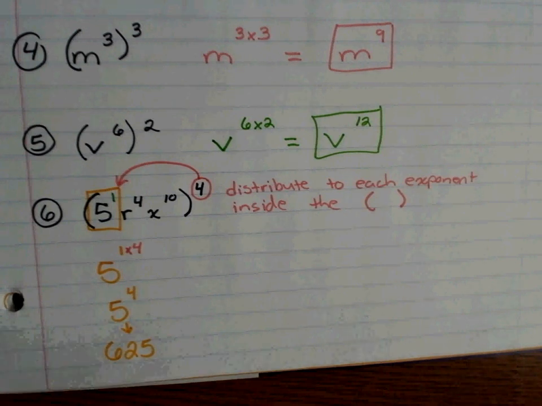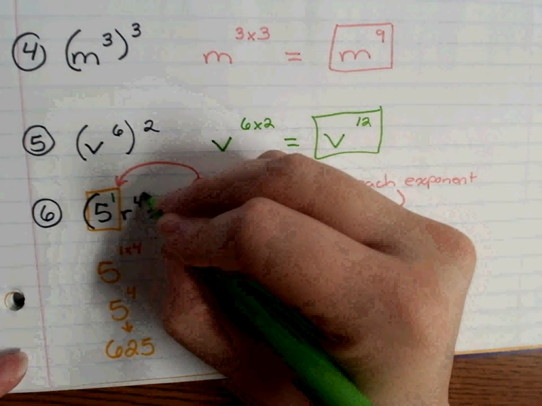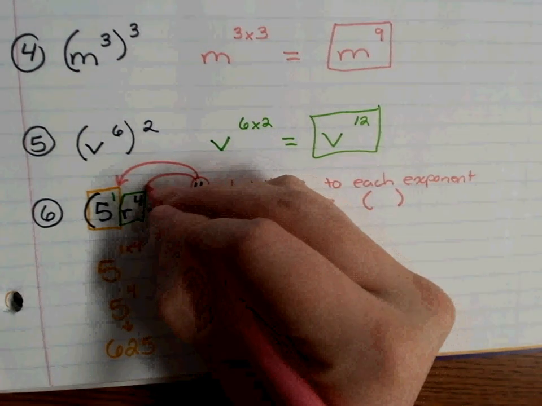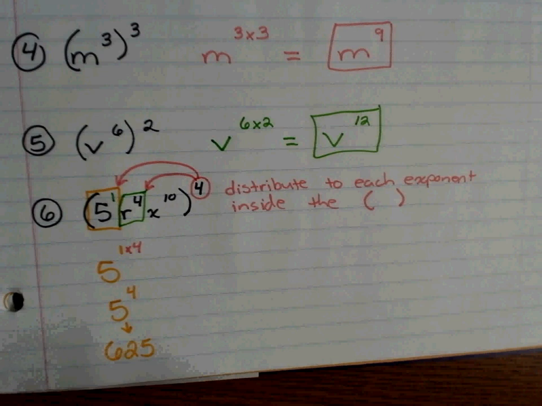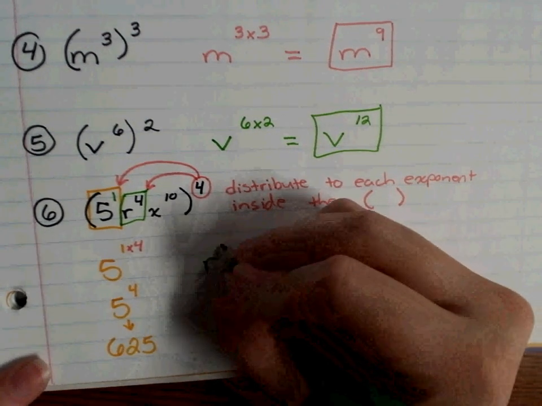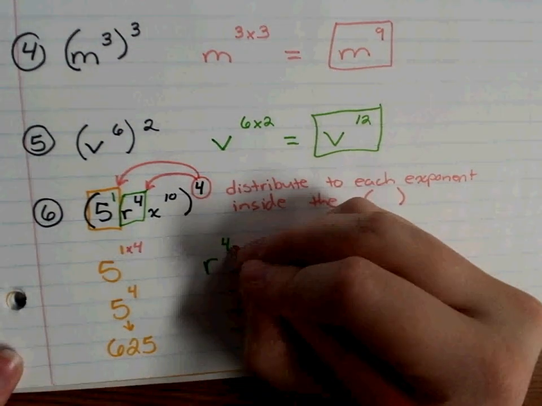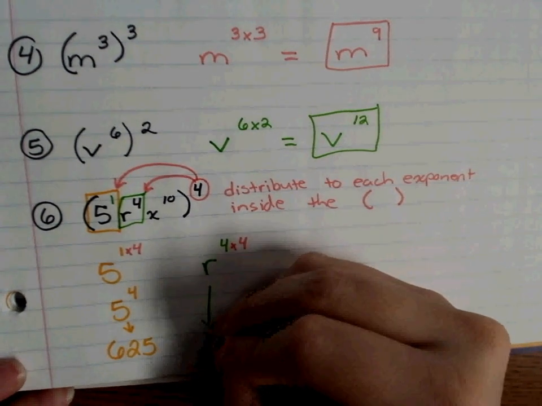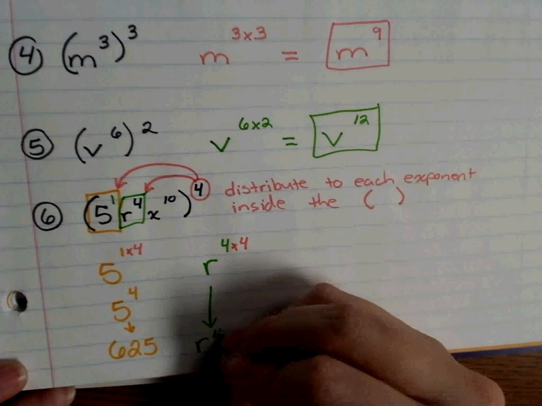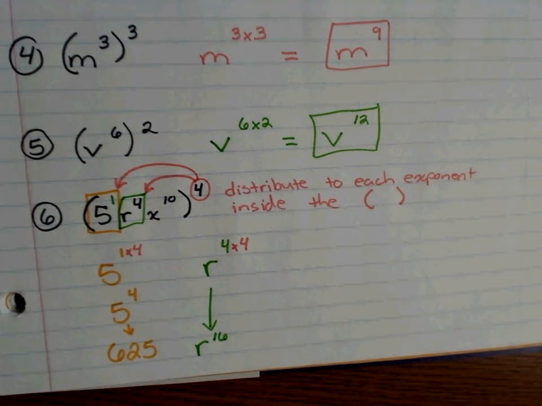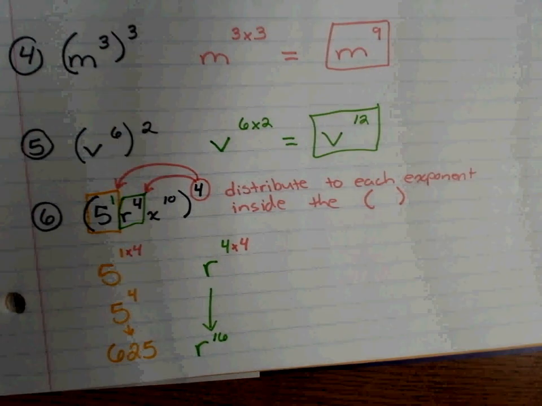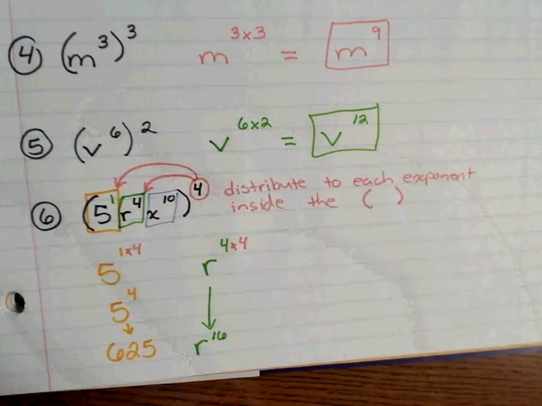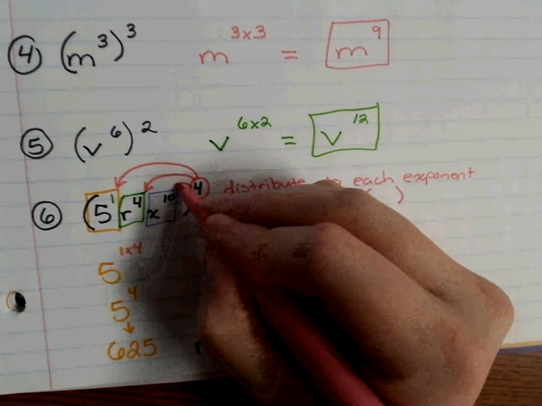Okay, we move on to the r to the 4th. We're taking r to the 4th and we're going to multiply its exponent by the exponent of 4. So that means this is going to become r to the 4 times 4 power. What is that going to give us? R to the 16th power. Then we're going to do x to the 10th. We're going to multiply that by the 4th.